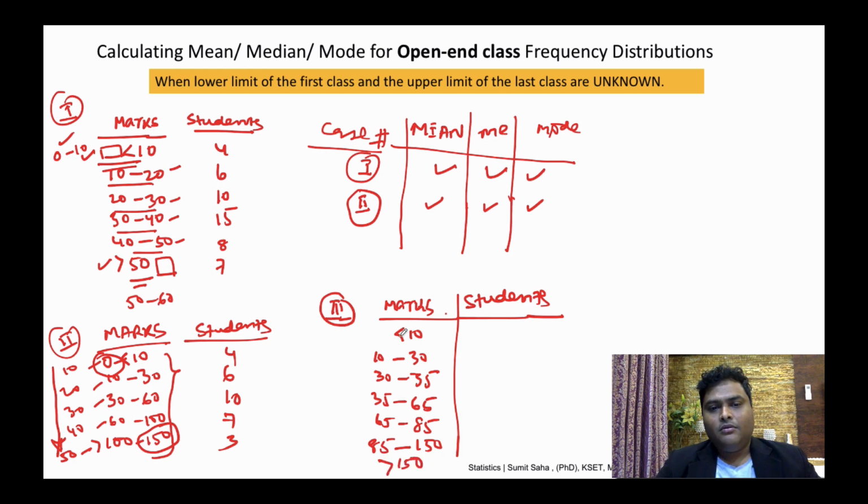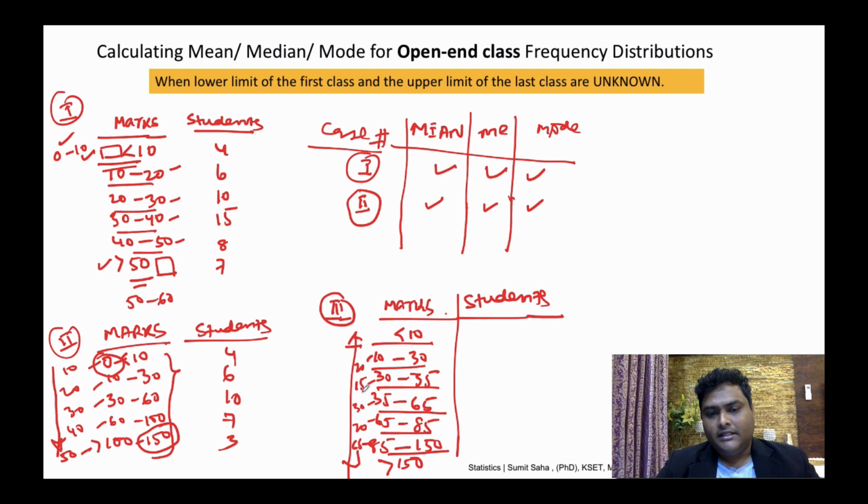If I try to find the sequence in this case, it is very difficult to get any sequence because the class lengths are not regular. Here it is 20, this is 15, this is 30, this is 20, and this is 150 minus 85, so 65. I cannot find any pattern out of this.